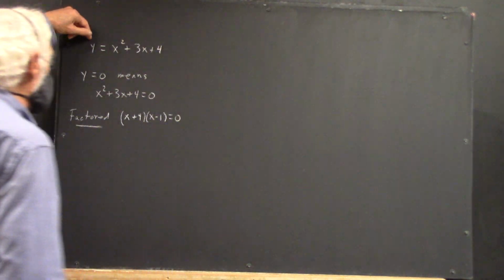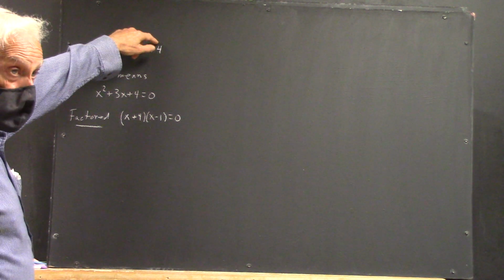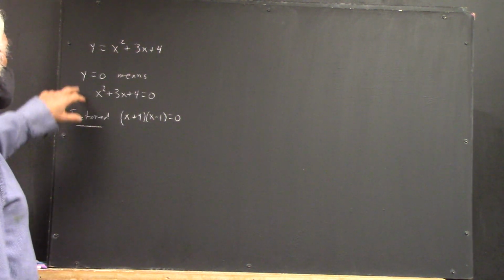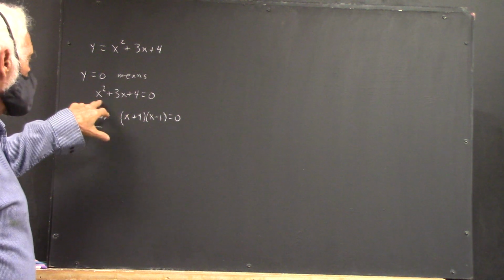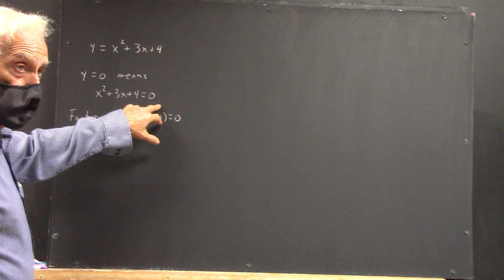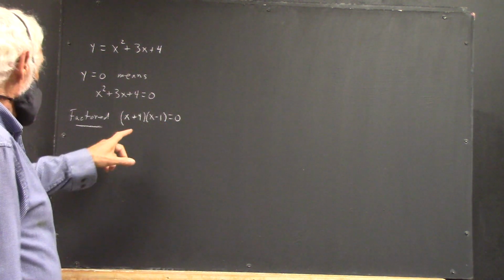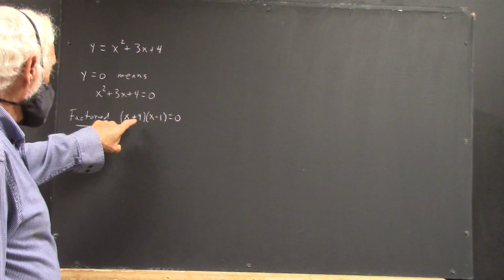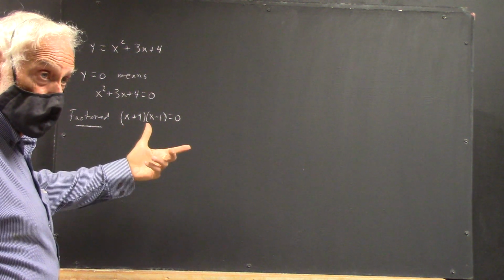You've got this function defined by y equals x squared plus 3x plus 4. Y equals 0 means what? x squared plus 3x plus 4 equals 0. You understand that we can easily factor this as x plus 4 times x minus 1, right?